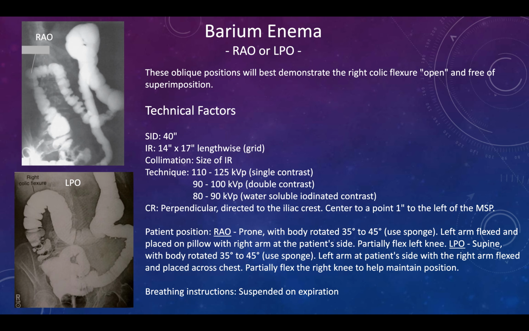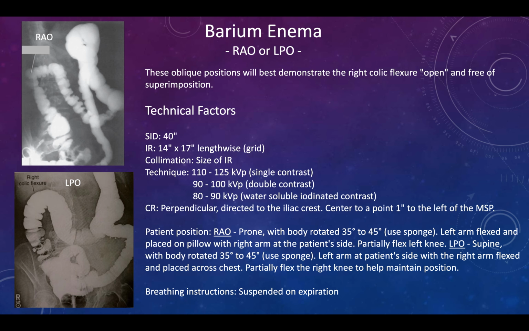Same SID, another 14 by 17 lengthwise IR, collimated to the size of the IR, with those same technical factors for the different contrast medium. The CR is going to be directed to the iliac crest and then just 1 inch to the left of the MSP, so we make sure we don't cut off that right colic flexure.